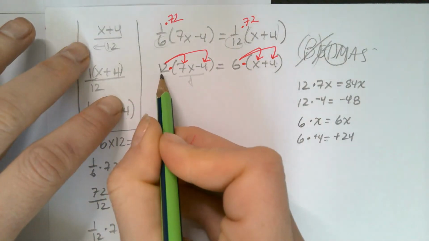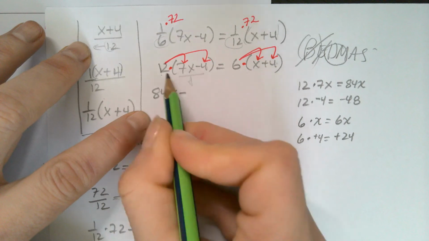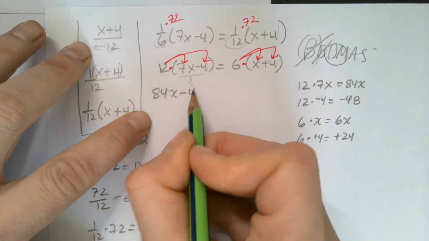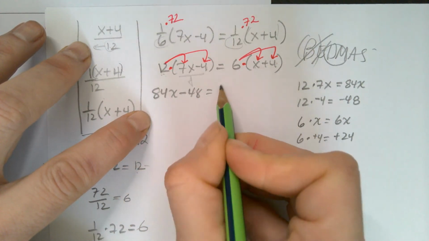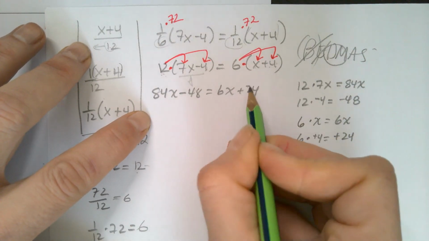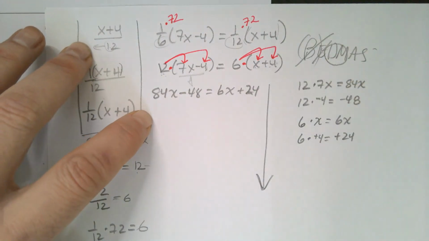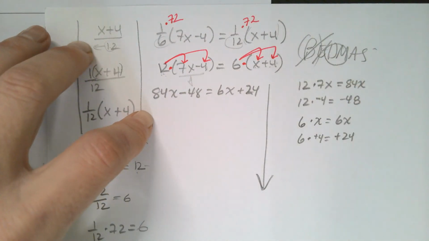So 12 times 7x is 84x, minus 12 times 4 is 48. 6 times x is 6x. 6 times 4 is 24. Now it looks normal. Now you can finish solving it. Okay, because now it looks like a normal equation.